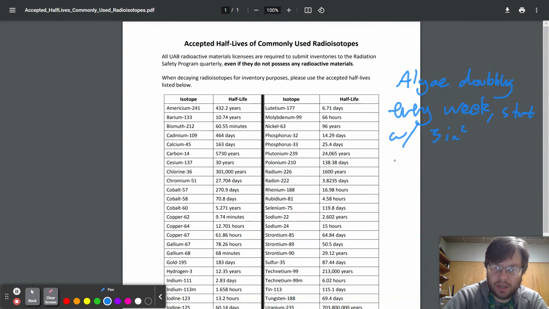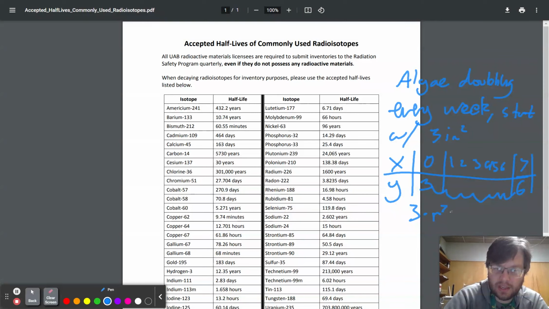Then I know that if we make an XY table, we're going to start with 3. When x is equal to 7, we're going to have 6. So I know that if I went 1, 2, 3, 4, 5, 6, 7, I have 7 multiplications. 3 times something to the 7th power is 6.